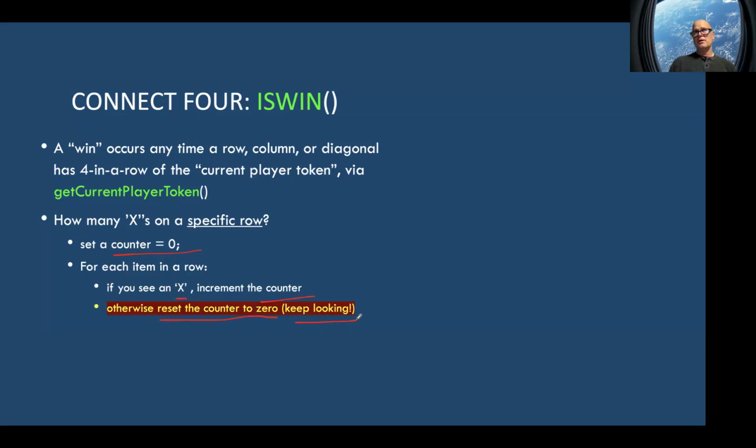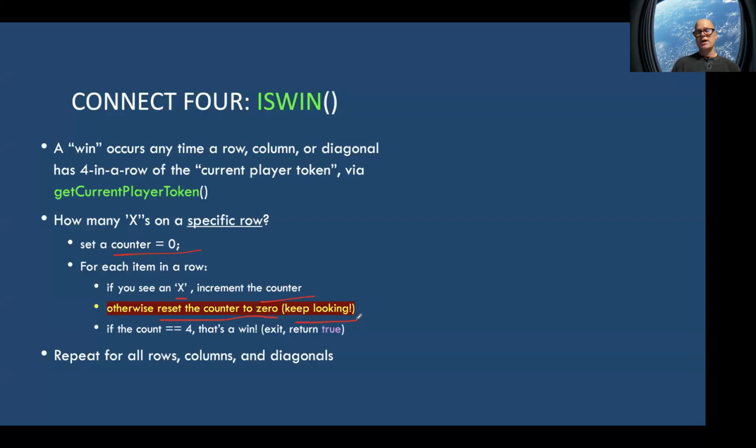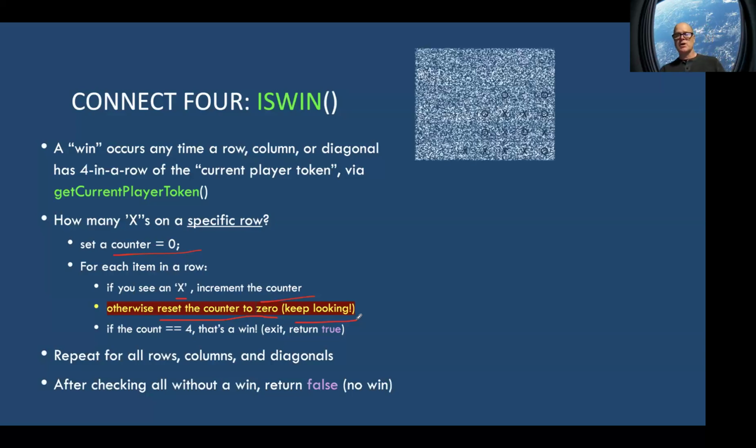We reset the counter and start counting from 0 to get 4 in a row again. If you ever get to 4, then you know it's a win and you can return true right away. That's the strategy you're going to follow for your rows, your columns and your diagonals. Just keep a counter, reset it when you hit a gap, and as soon as you get to 4, return true. No reason to keep going.